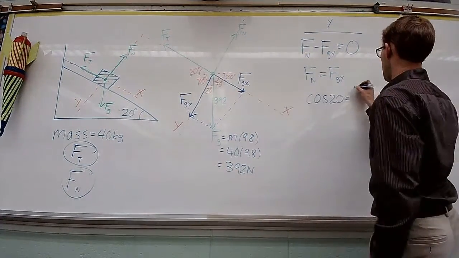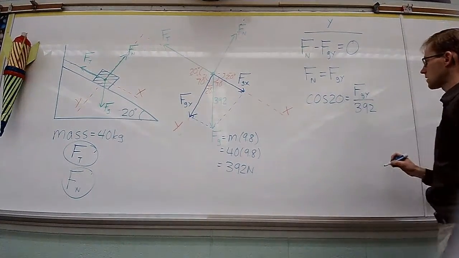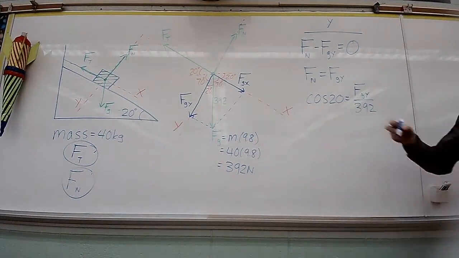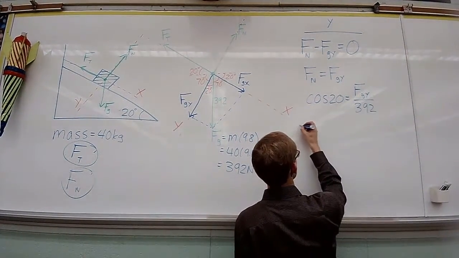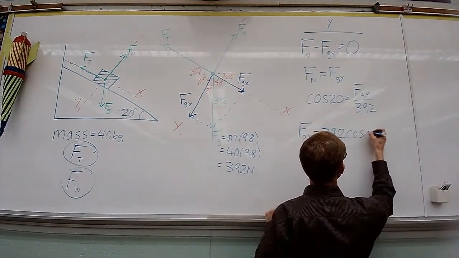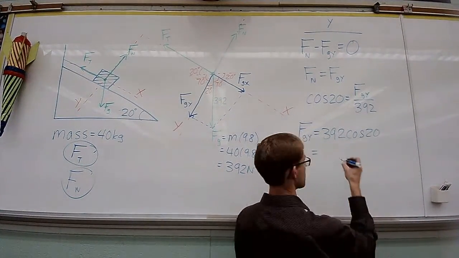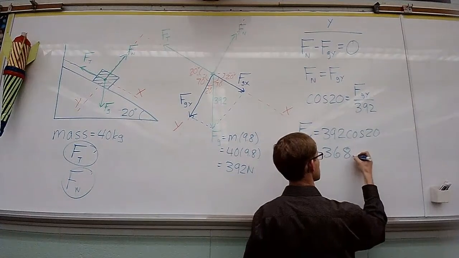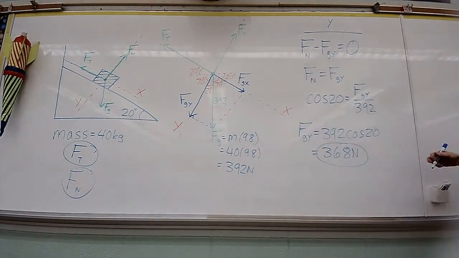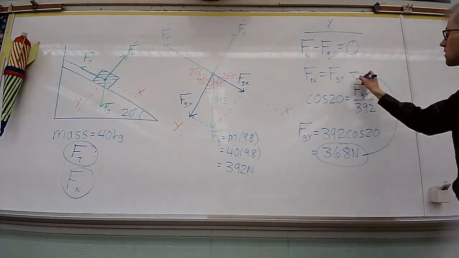Cosine of 20 is equal to adjacent, which is FGY, over hypotenuse, which is 392. And you get your answer the same way that we did in the previous example, except we've got a different angle here. 20 degrees instead of 70. And it looks like that comes out to 368 newtons. So then 368 newtons is equal to FGY. And what that means then is that it's also equal to your normal force.